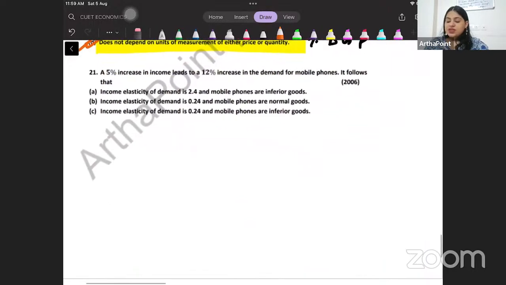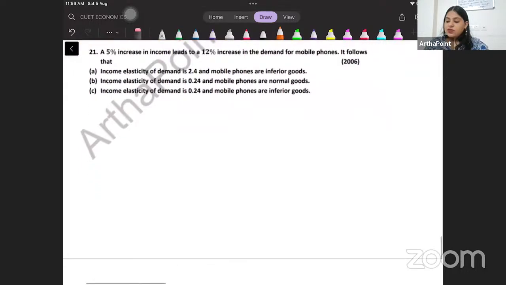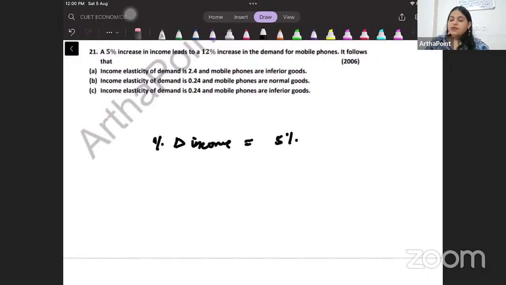A 5% increase in income leads to a 12% increase in demand for mobile phones. It follows that. So we have to say that there is a percentage change in income, that is 5%, right? And percentage change in demand, that is 12%.